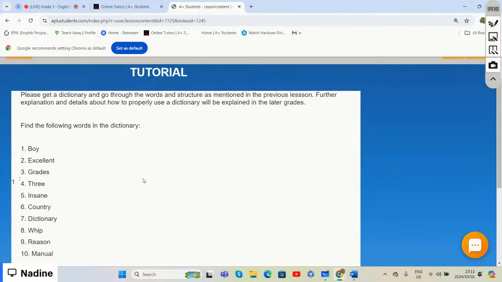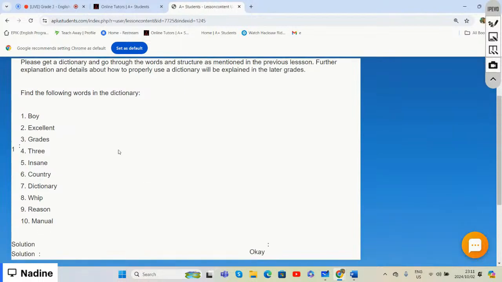I don't know if one of you has a dictionary close by, but if you do, try to find these words in the dictionary.